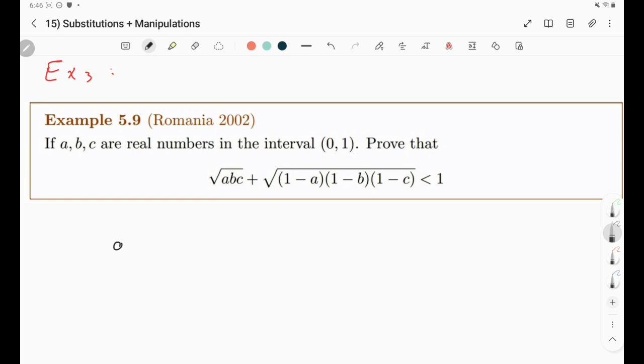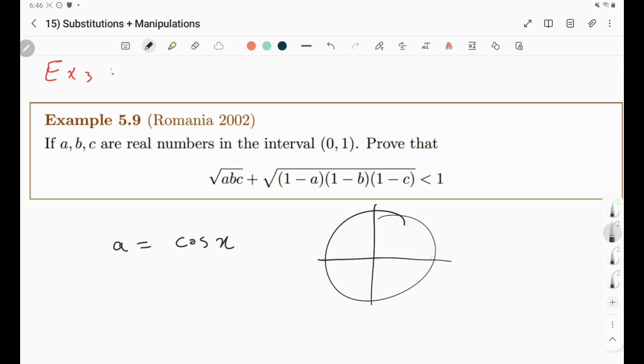So for example, if you make a cosine of x, then what's the condition on x? You know the cosine function here, this thing is 1, and this thing here is 0 for it. This is the cosine. So if you just take x between 0 and pi over 2, then that works.